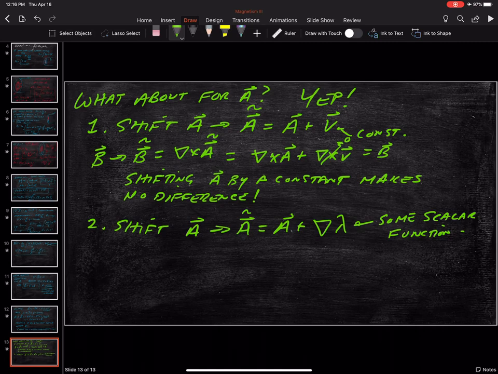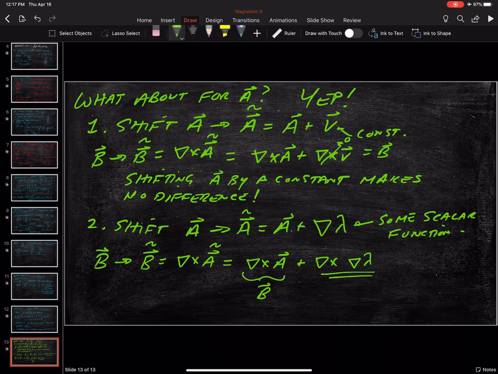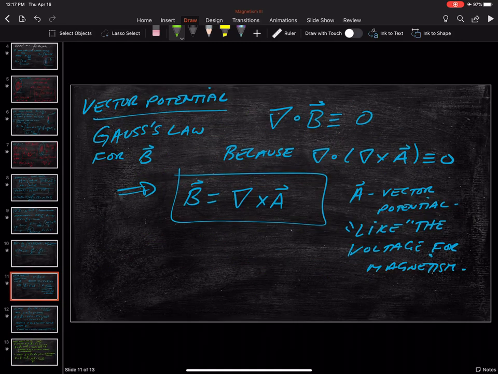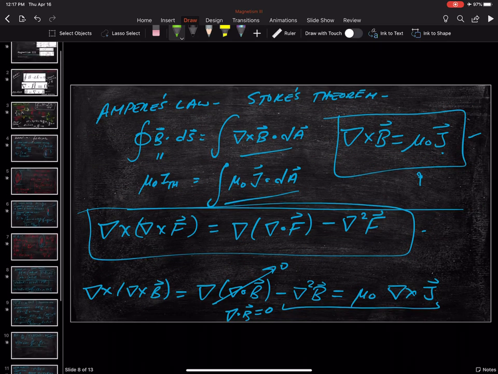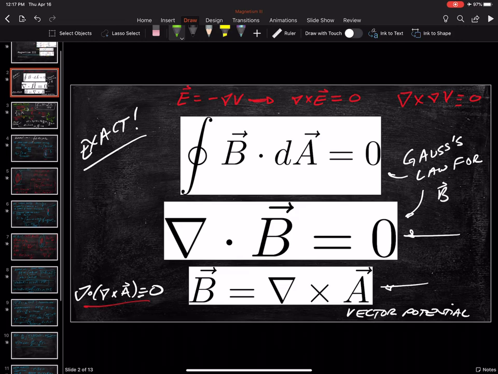What does that do? Well, then B is going to shift under this thing to my B twiddle, which is what? Del cross A twiddle, which is del cross A plus del cross del lambda. Well, this first part here, that's just my B. The curl of the gradient. Well, remember what that is. Right here.